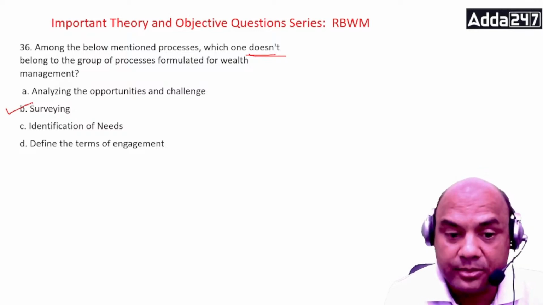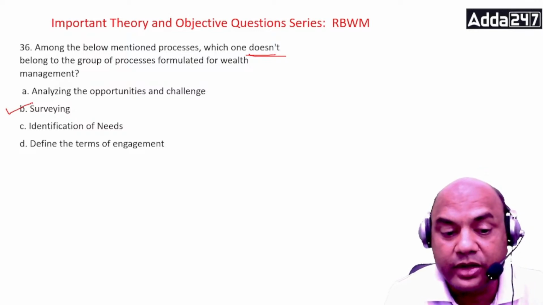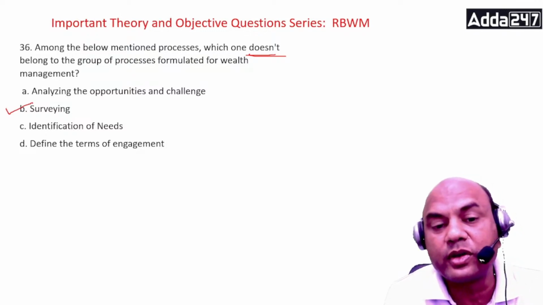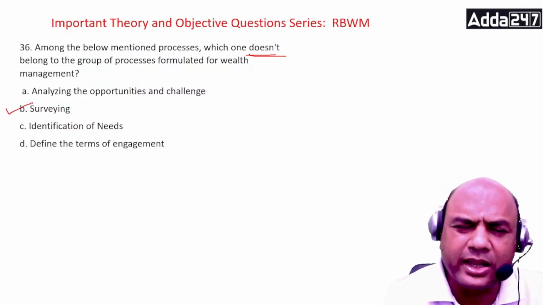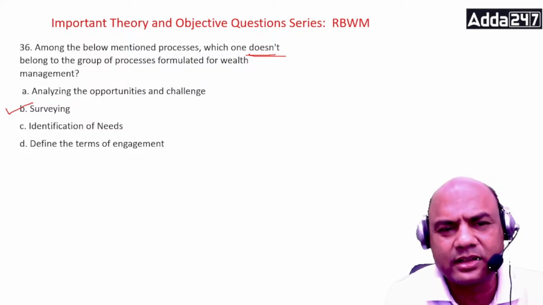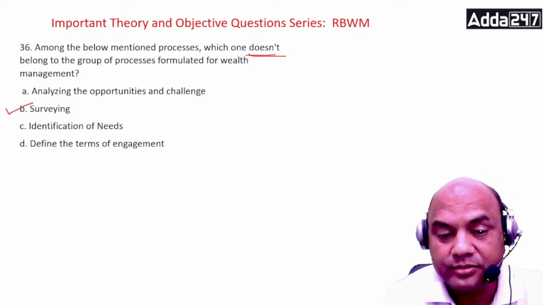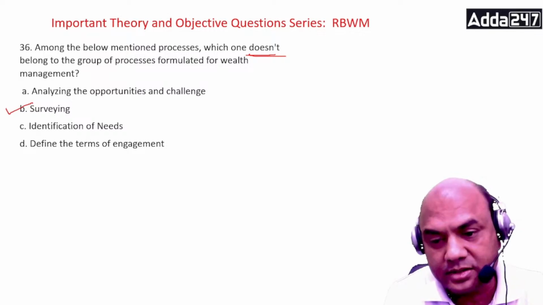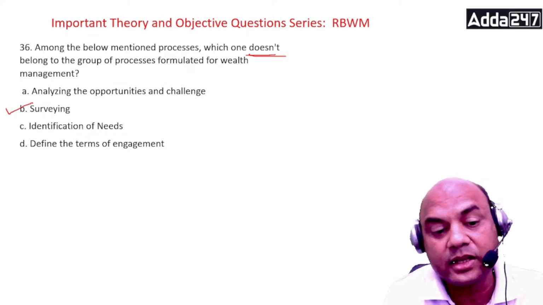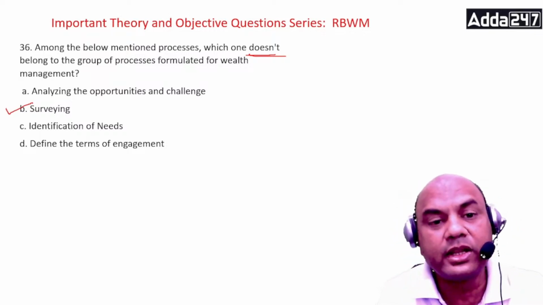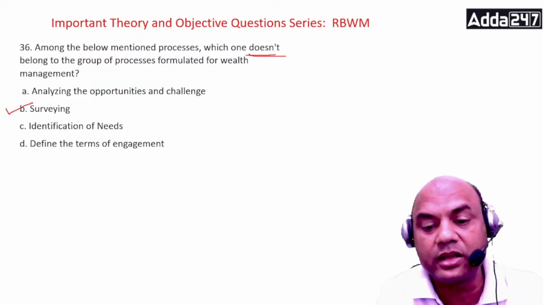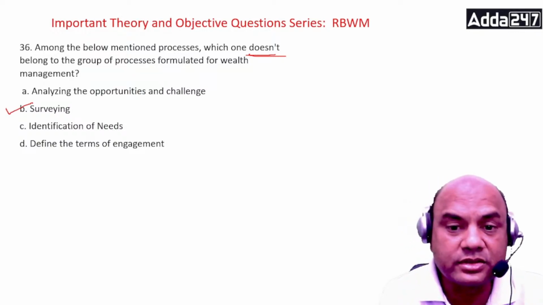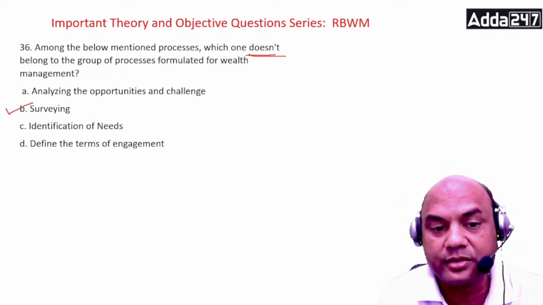And there's one more step: implementation, a very important one, because implementation is something we always forget. We do all the planning, thousand things, but the devil lies in the details, so the devil lies in the implementation. During implementation, there are many quarrels or fights with the client many a time.